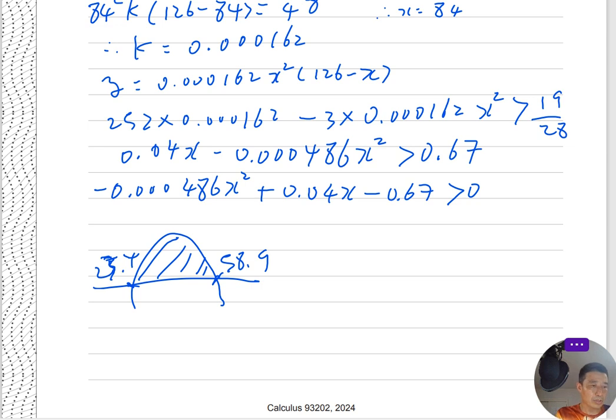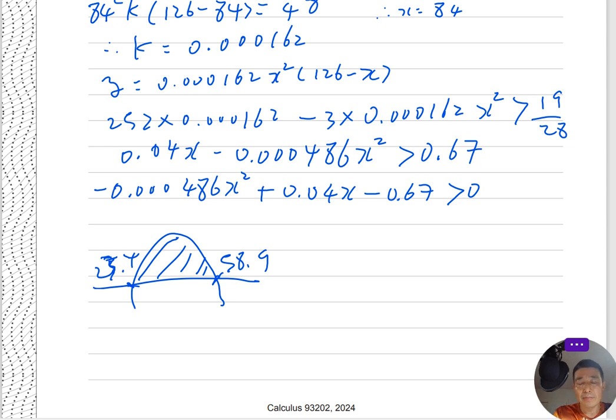I'm going to double check whether this is right. Menu, equation. Yes, it is right.